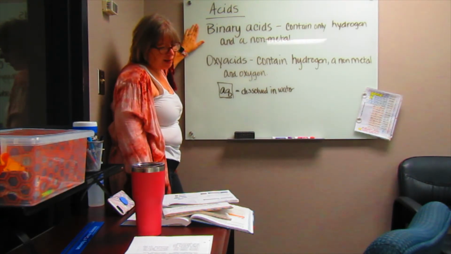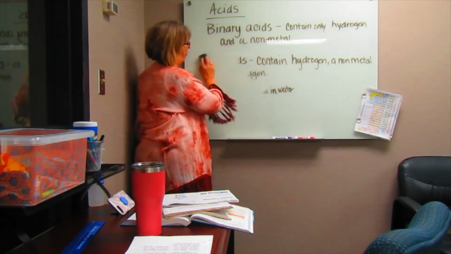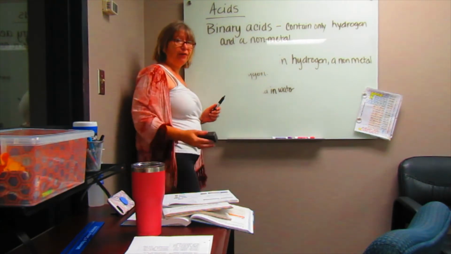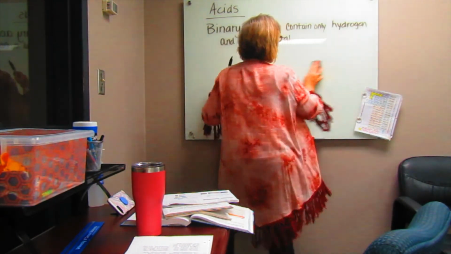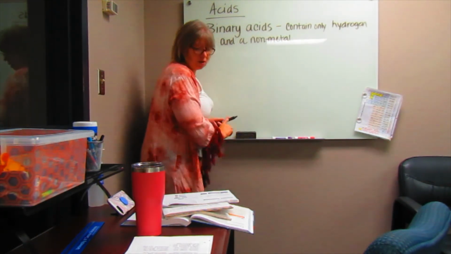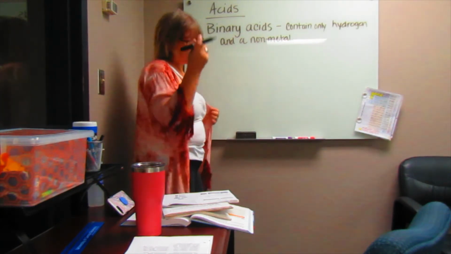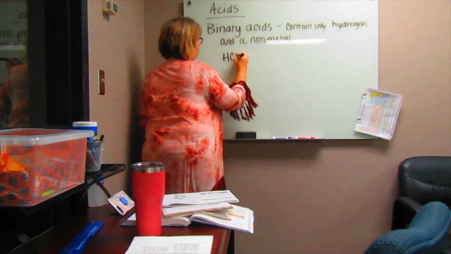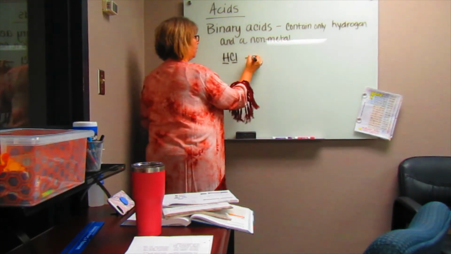So when you're naming binary acids, I know that one of the rules we had for molecular compounds is that you had to use prefixes, right? So with binary acids, we do not use prefixes. Ever, ever, ever. So when we have two elements, so we have HCl, so this is hydrogen and this is chlorine.